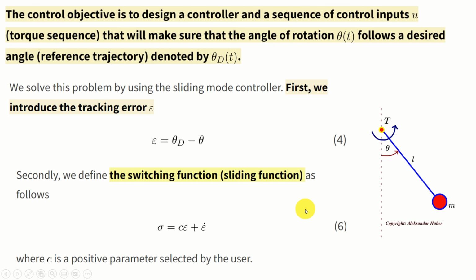Secondly, to define the sliding mode controller, we need to define the switching function or the sliding function. The sliding function is defined by this equation, namely, sigma is the notation for the switching function, c is a positive parameter selected by the user, epsilon is the error defined over here, and epsilon dot is the time derivative of epsilon.